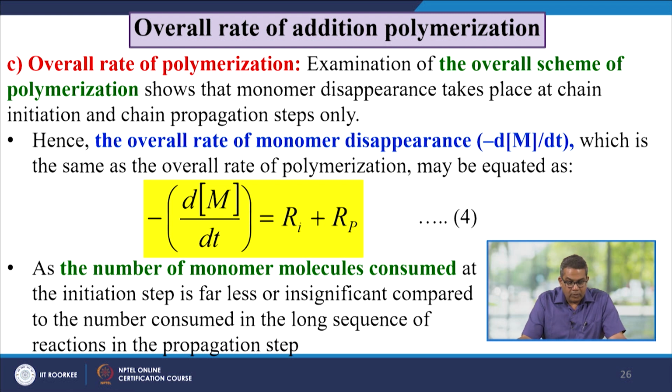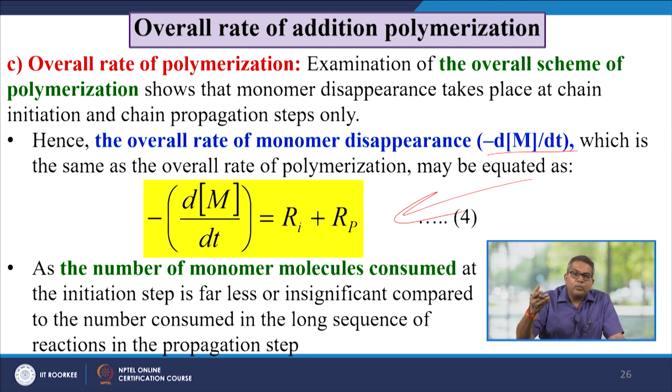Now, examining the overall scheme of polymerization shows that the monomer disappearance takes place at the chain initiation and chain propagation steps only. Hence, the overall rate of monomer disappearance, -d[M]/dt, which is the same as the overall rate of polymerization, can be expressed as -d[M]/dt = Ri + Rp.